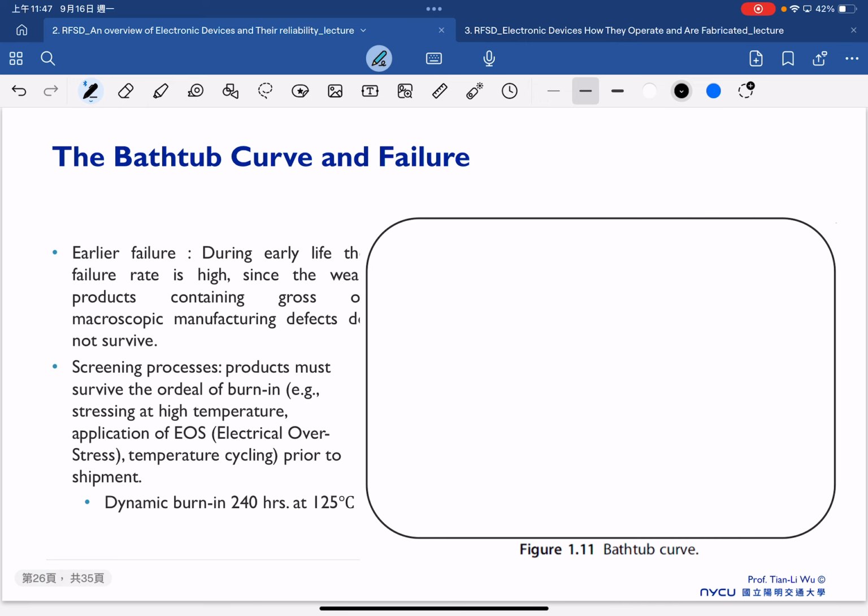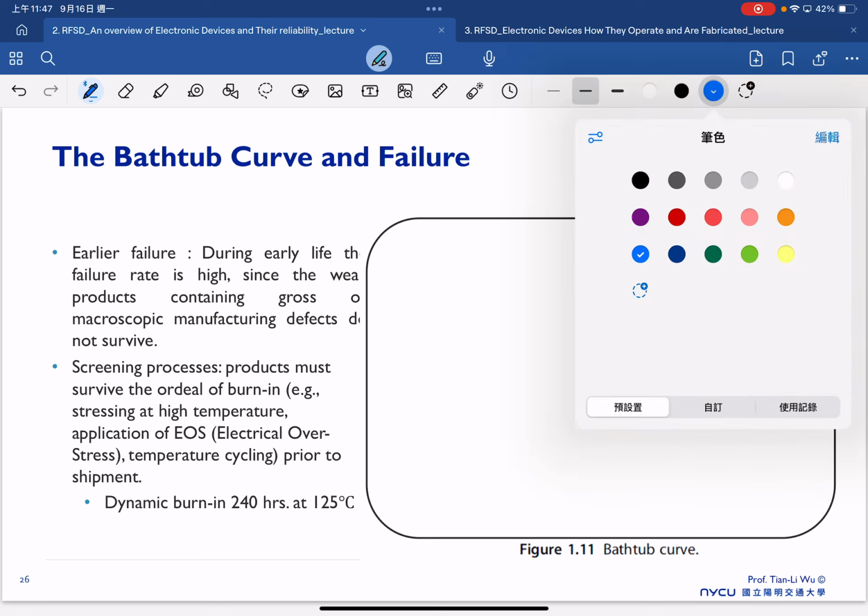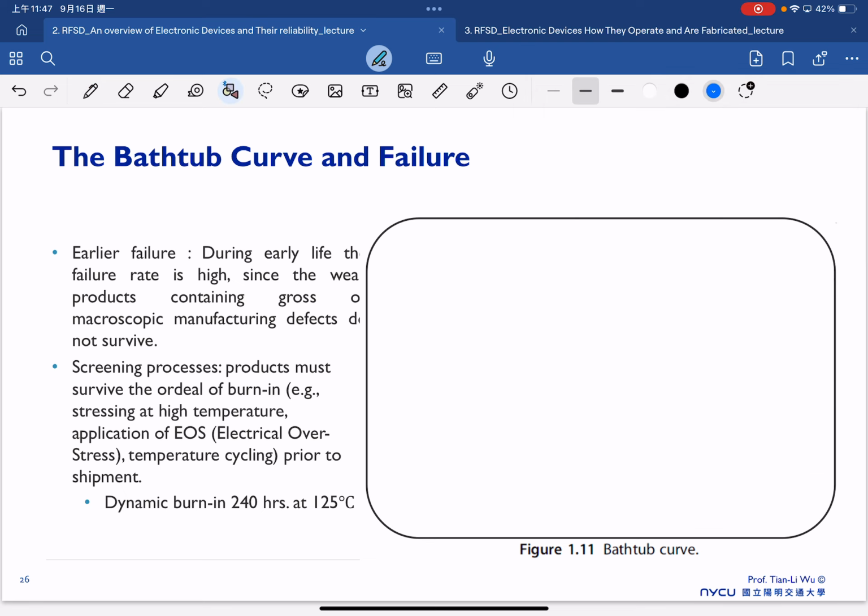One last thing that is also important is that we need to understand the bathtub curve and how it relates to failures. This bathtub curve is really famous. It not only describes the case in semiconductors, it can also describe the case of human beings. So again, we plot in this case the x-axis as time and the y-axis as the failure rate.